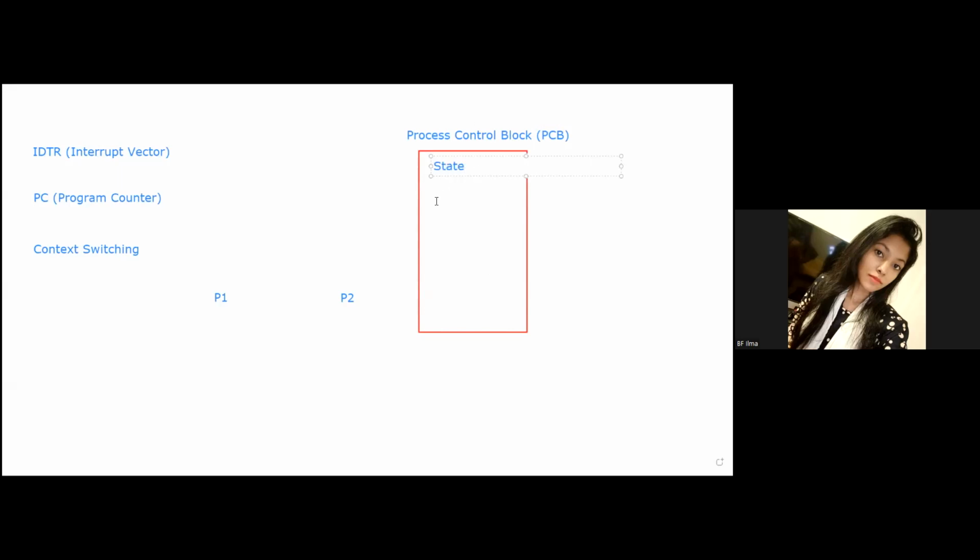It has a state and it has a number and program counter, register values, memory limits, etc. There might be some other things. Basically the state of a process means that, wait, I think I have that diagram.